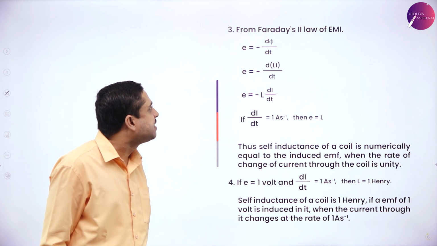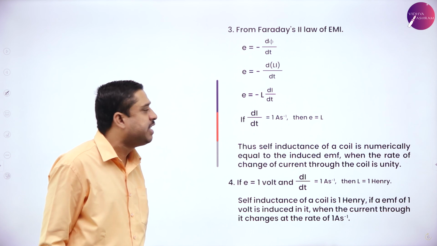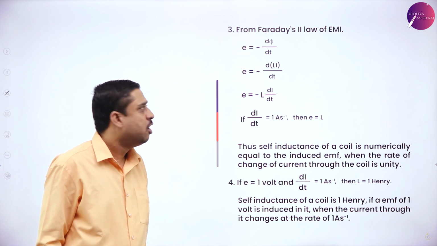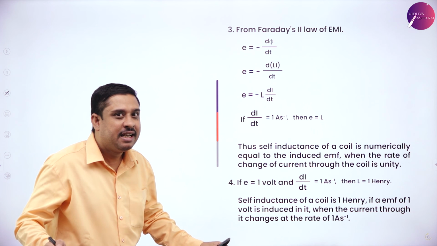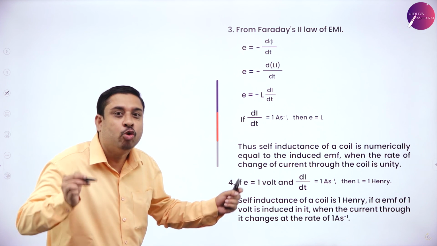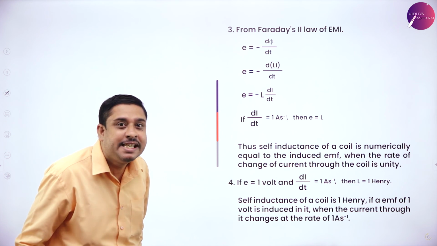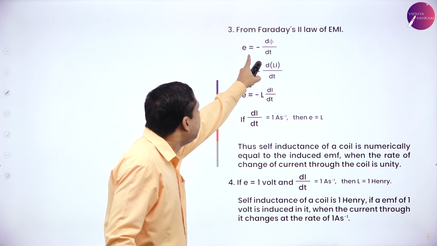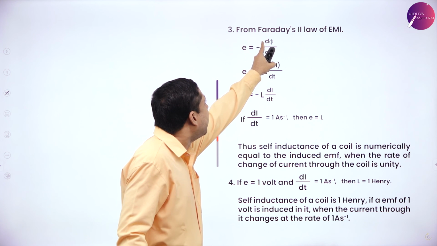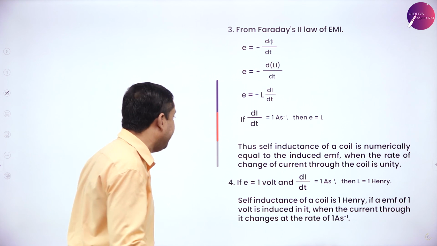From Faraday's second law of EMI, what did Faraday's second law give us? The magnitude of induced EMF. So E equals minus d phi by dt.